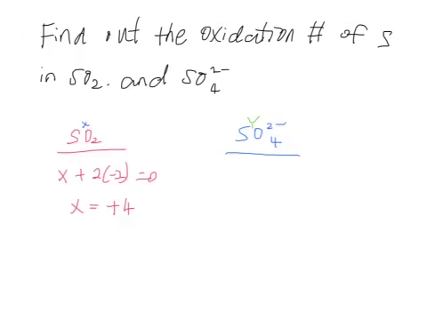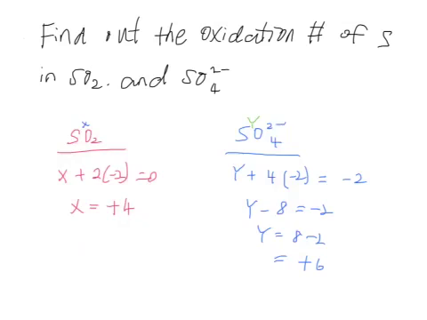Let's try sulfate ion now. Got it? I hope you got the answer right. The oxidation number of sulfur in sulfate ion is actually 6 plus.